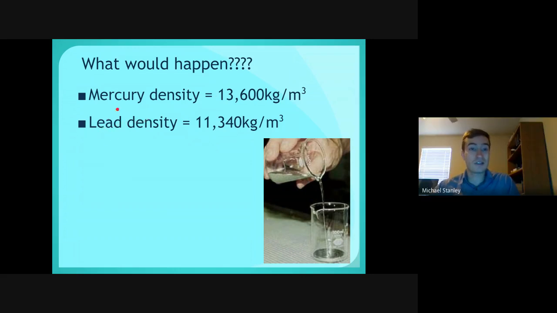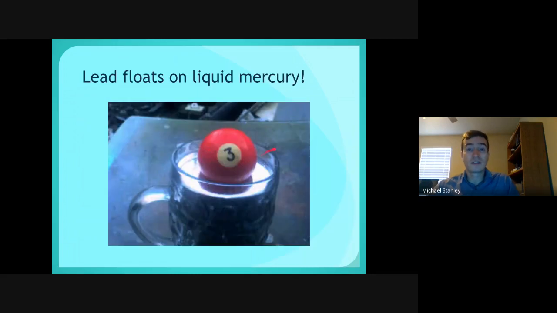Lead is a lower density than mercury. 11,300 something is lower than 13,600. What this means is that when you put a lead ball onto liquid mercury, the lead is going to float.